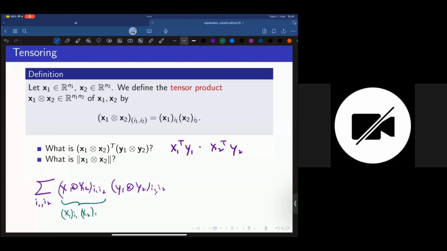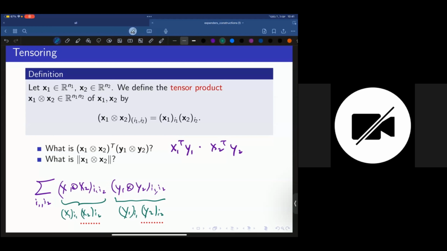But you should start with definitions. So this is y1 of I1 times y2 of I2. And now everything here is nice and commutative, so you can multiply these two, and then multiply these two, and the indices are independent, right?